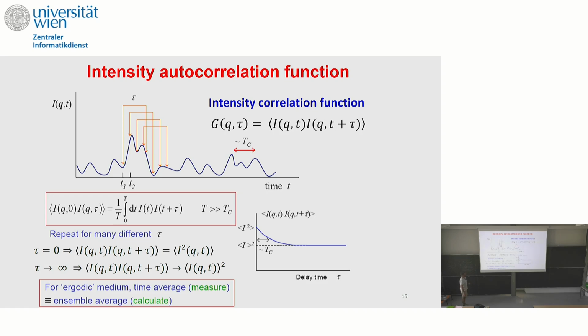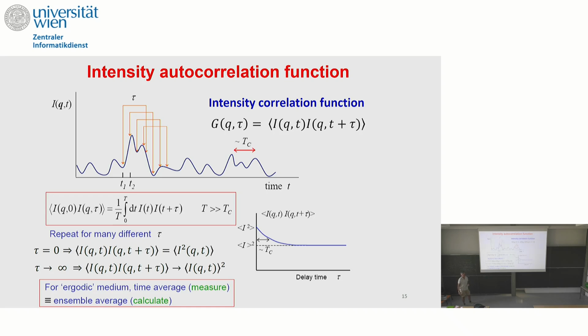Let me go back a second on this business about the time average. What we can do experimentally so far is just a time average, okay? So we run our experiment and we get this thing here. What we are really interested in is rather what is called an ensemble average.